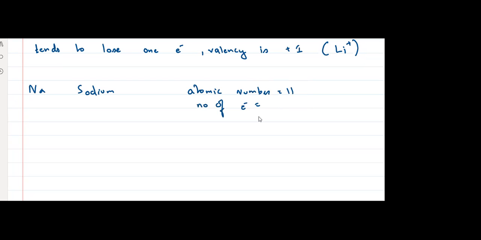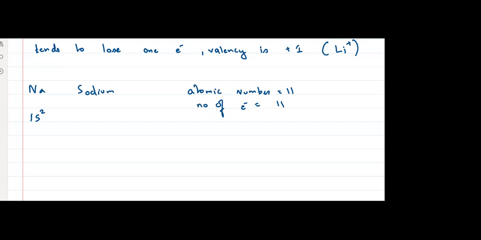I guess all of you can directly say that it is having 11 electrons. It should have how many electrons to be stable? 10. So what will happen? It will lose 1 electron, right? Directly. That you will write, be positive.